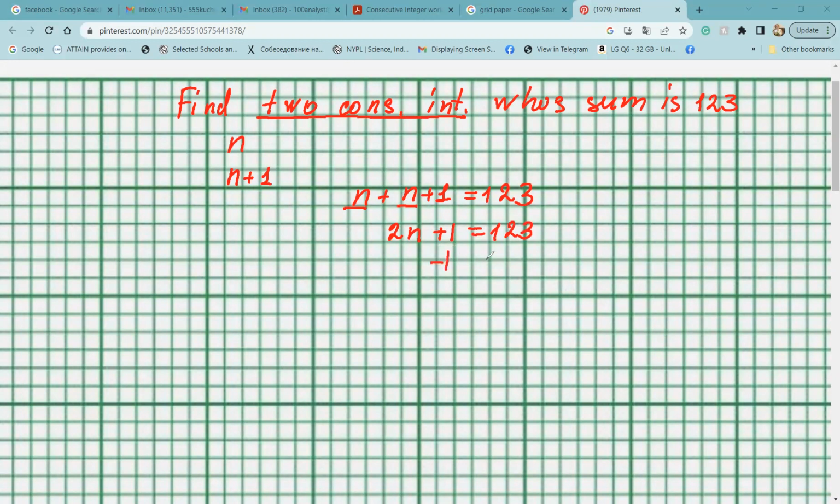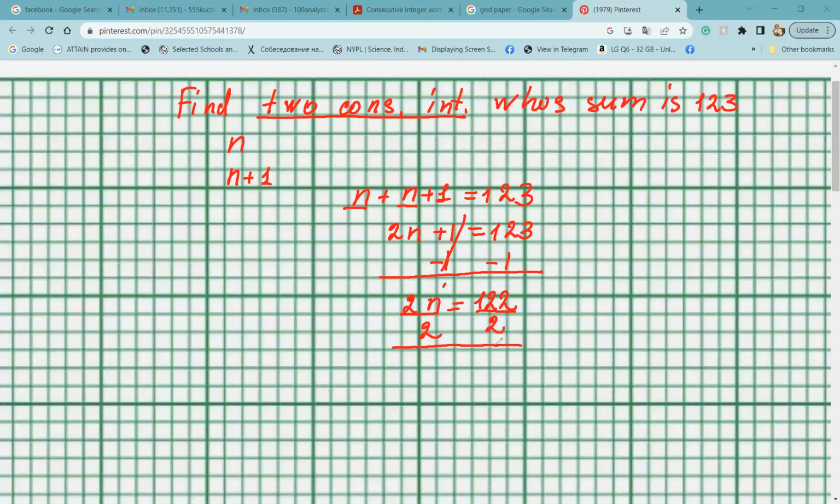Subtract 1 from both sides. In this case, you apply the subtraction property of equality. 1 minus 1 will be 0. They cancel each other. Then you have 2n equals 122. Divide by 2 both sides.